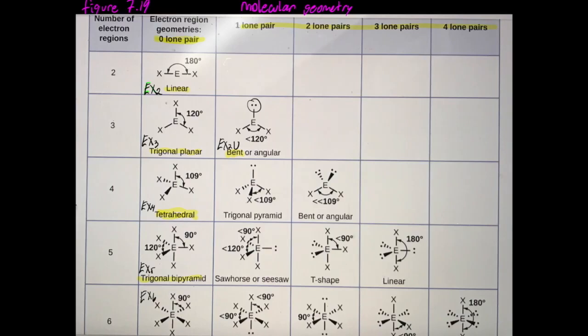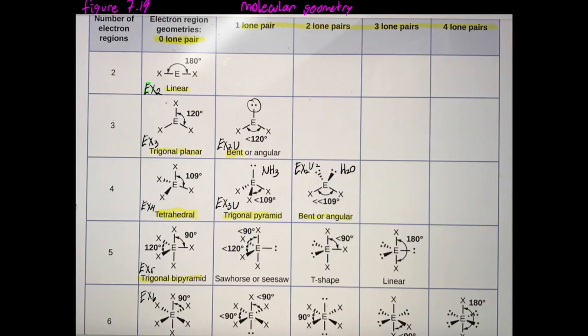If you have something like ammonia, we talked about, that's going to have the geometry trigonal pyramid. And water has a bent structure as well, EX2U2. An example of this is NH3, and we already did examples on the first column.